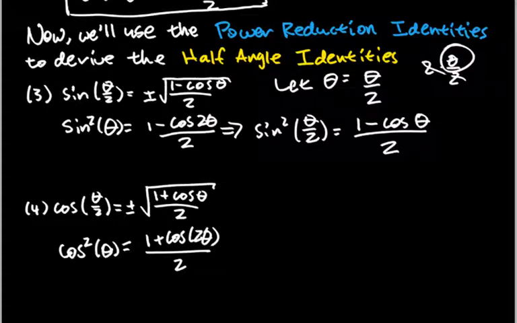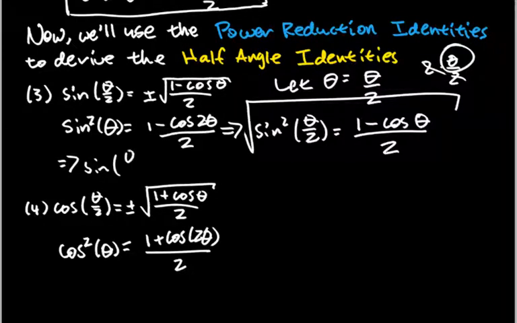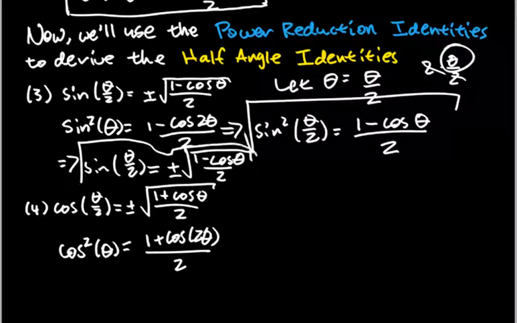Now, the thing that we need to do is just square root this. If we square root the entire thing, then what we end up with is sine of theta over 2 equals plus or minus the square root of (1 minus cosine theta) divided by 2. So we've proven that.